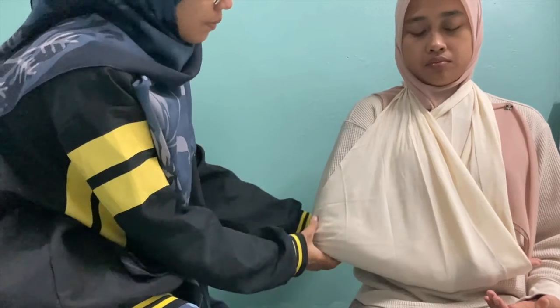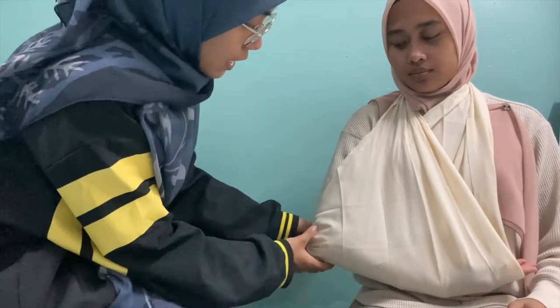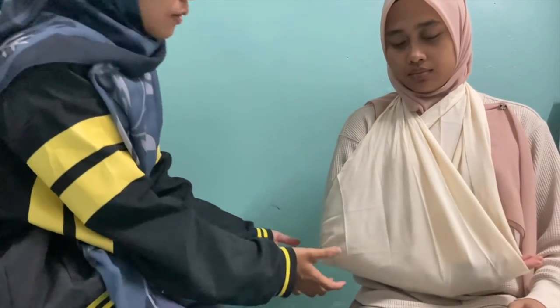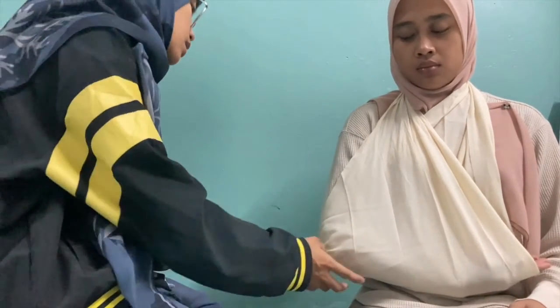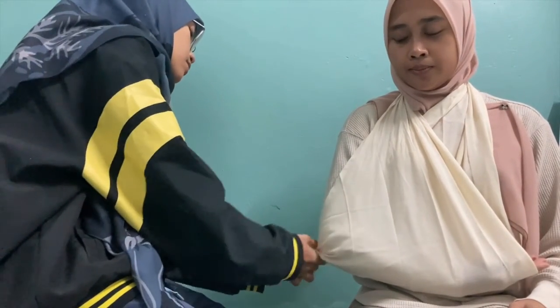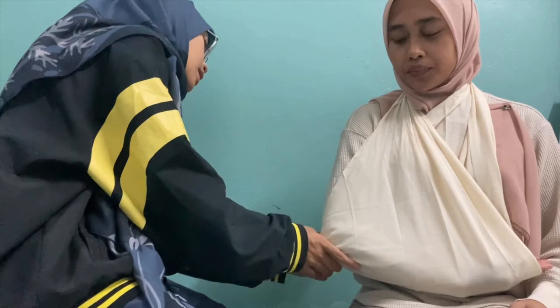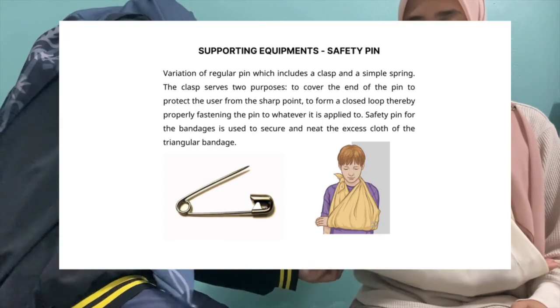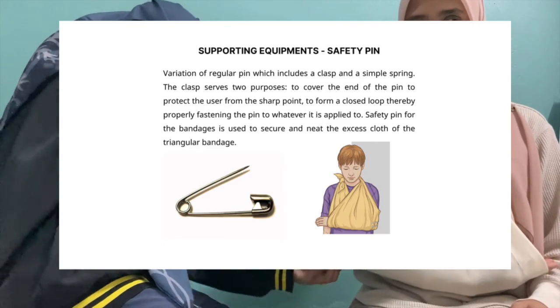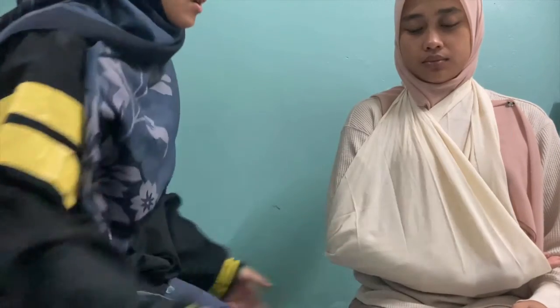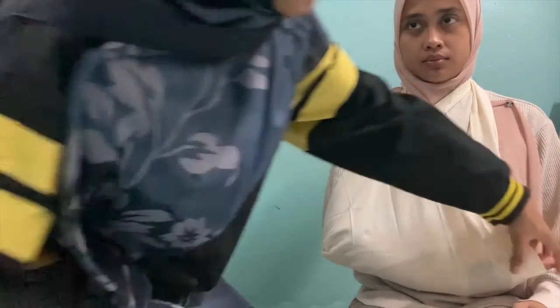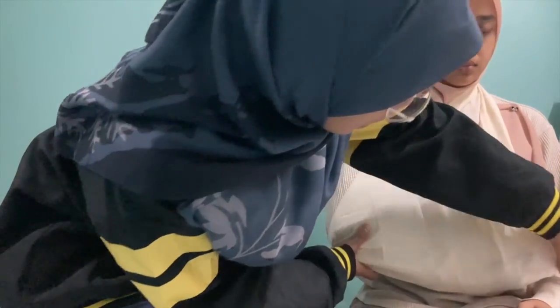If you don't have a safety pin, you can just twist it and tuck it in. Make sure that it is neat, but it is better to use a safety pin so that it is more secure. Adjust the sling.